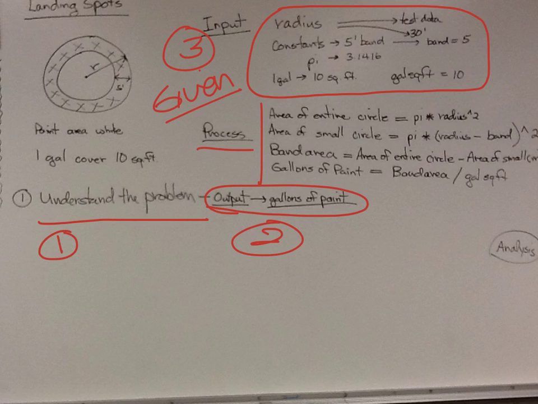Then the actual process. How do you get from here to here? Get it? How do you go from some input so that you can calculate the correct output? It's analysis.